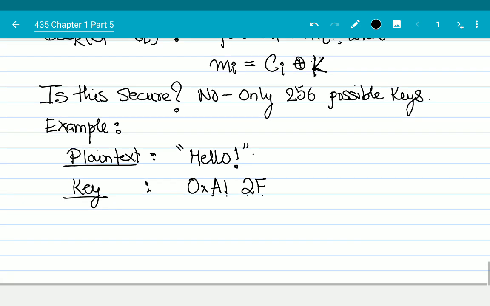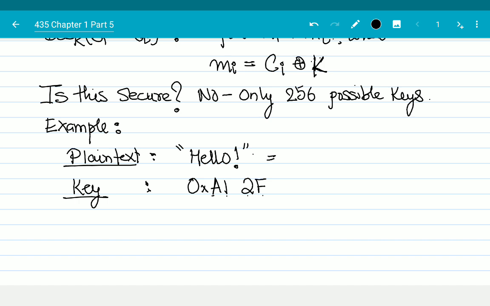And the plain text hello, when converted to ASCII and then to hexadecimal, is 0x48, 65, 6C, 6C, 6F, and 21, where 21 is the exclamation point.